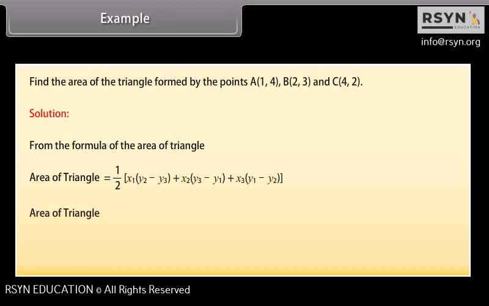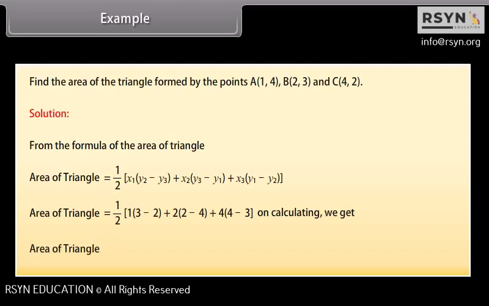We have area of triangle is equal to 1 by 2, 1 into 3 minus 2 plus 2 into 2 minus 4 plus 4 into 4 minus 3. On calculating we get area of triangle is equal to 1 upon 2 square units.